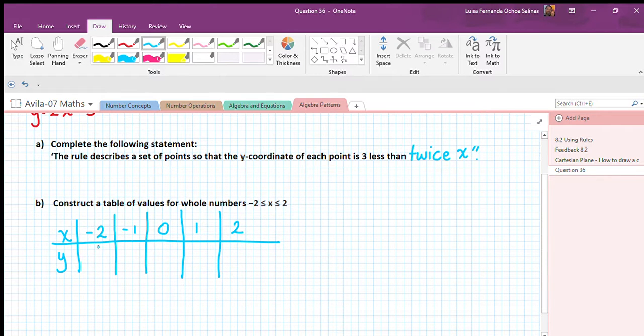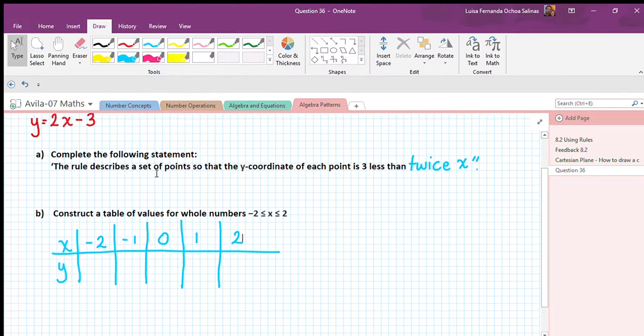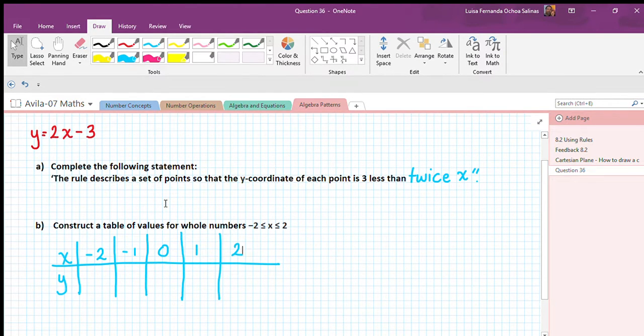Now, let's find what y is going to be. I'm just going to use black here so it looks different. When x is -2, what is my rule? So it's going to be -4, take away 3, -7. And then when x is -1, this is -2, take away 3, is going to be -5.